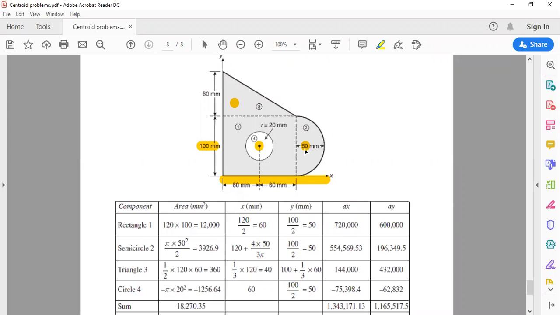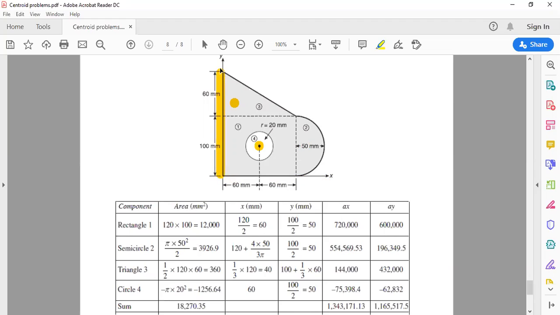Next, you have the third diagram, that is a right angle triangle. So the distance of the right angle triangle CG from the y-axis will give me x bar.